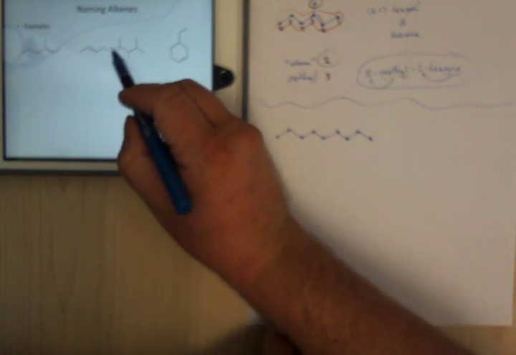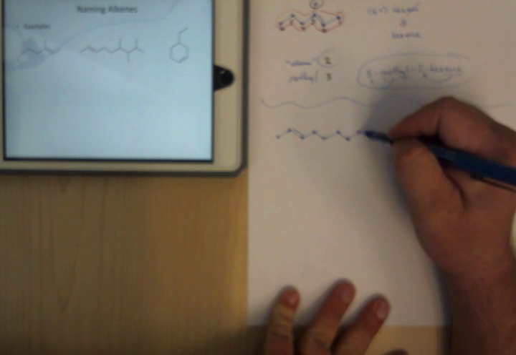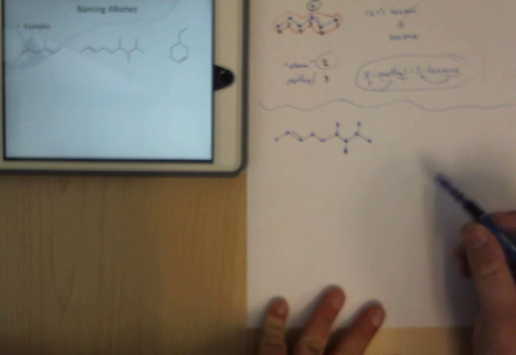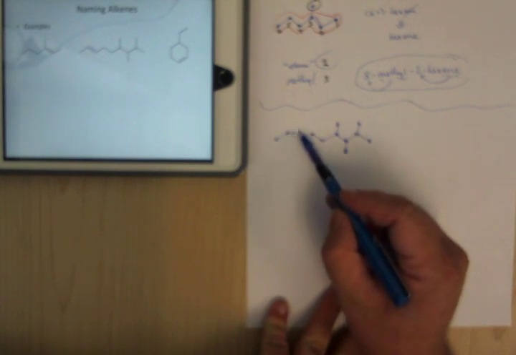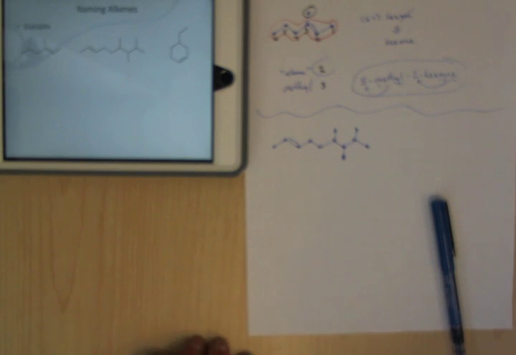2, 4, 6, 8, 9. Okay, so main chain, it's got to go through that double bond.